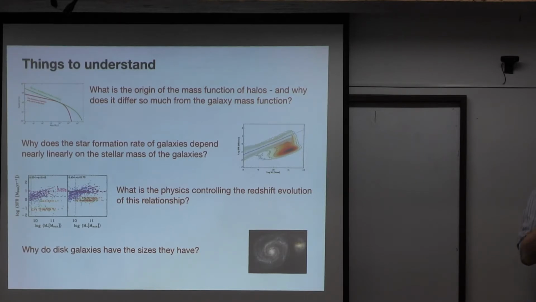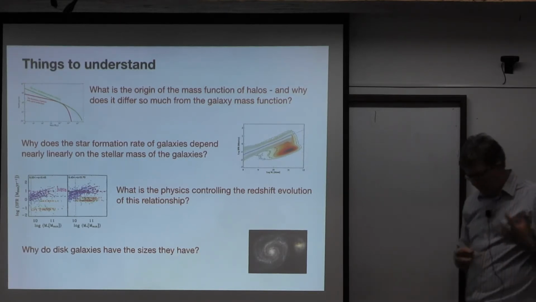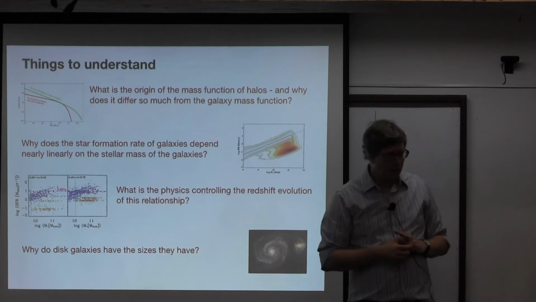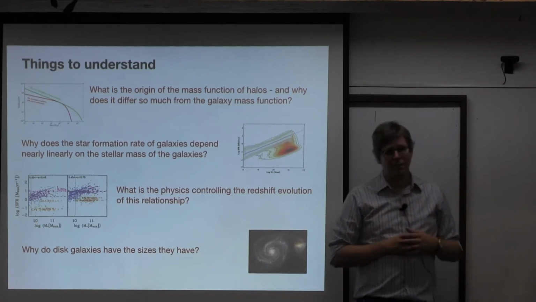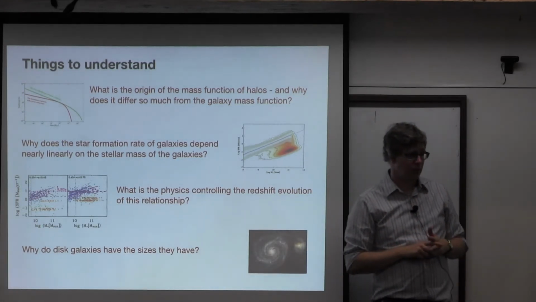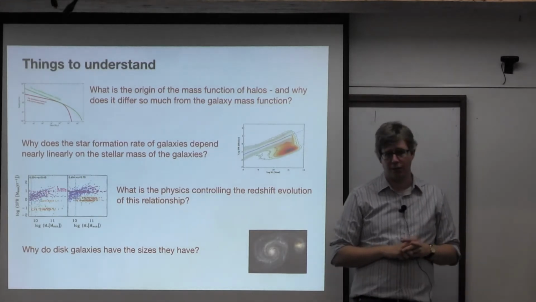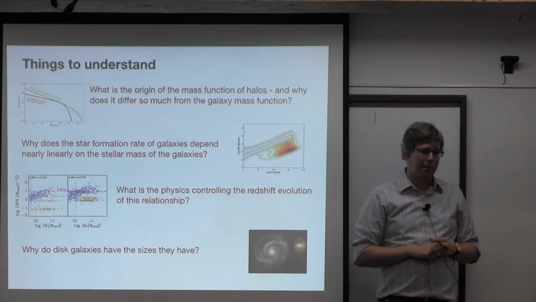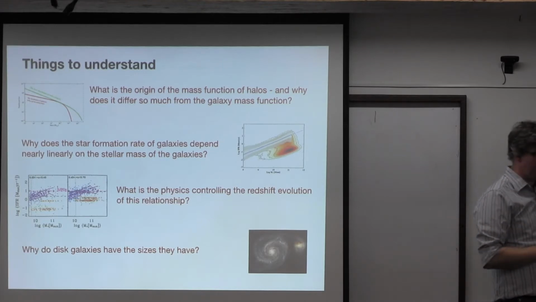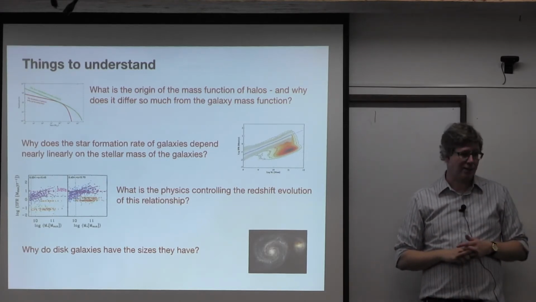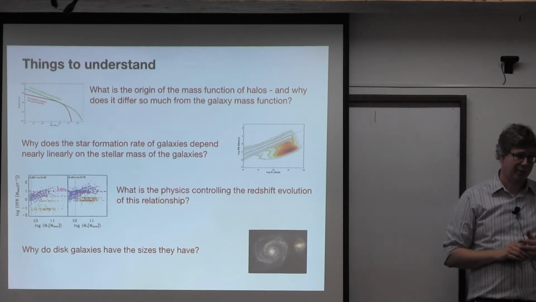The biggest galaxy we know today in terms of stellar content is 3-4 times 10 to the 12 solar masses. There's no believable galaxy that's more than 10 to the 13 solar masses. On the other end of the spectrum, there are galaxies that are 10 to the 4 solar masses.